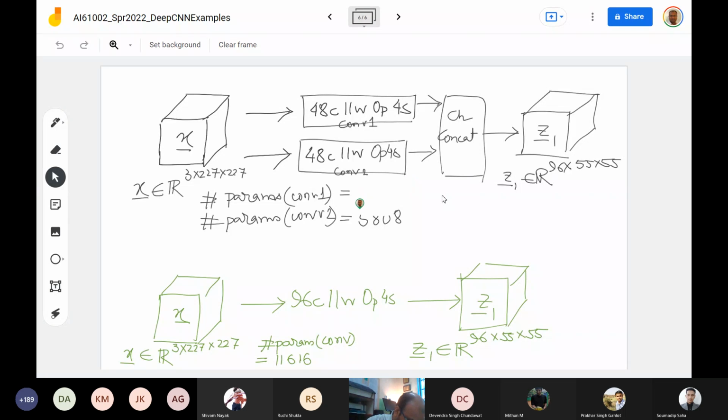My answer is 17472. Sir, it is 48 cross 11 cross 11 into 3 plus 1, right? Go back to the lecture notes. Sir, it is 17472. No, that is what I have written, but others are not telling me 17472.